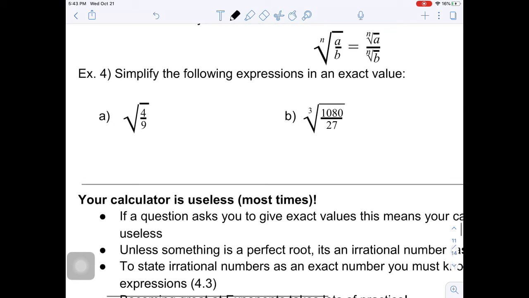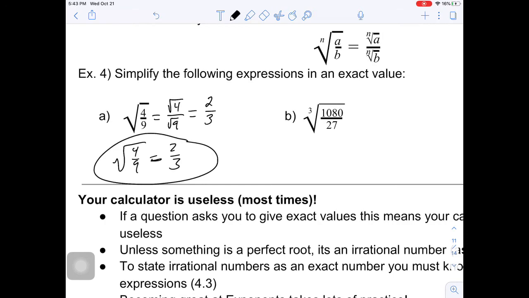So here, how can I analyze this? Well, this is square root 4 over 9. So what I'm going to do is square root 4 over square root 9. I know square root 4. That's simply 2. I also know the square root of 9. That's 3. So the square root of 4 over 9 equals 2 over 3. So there's my solution.